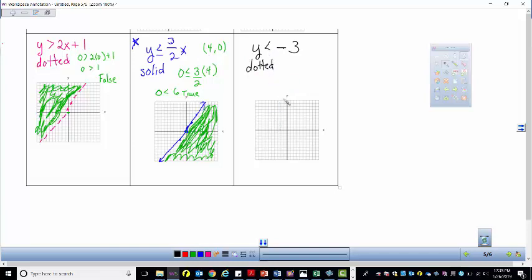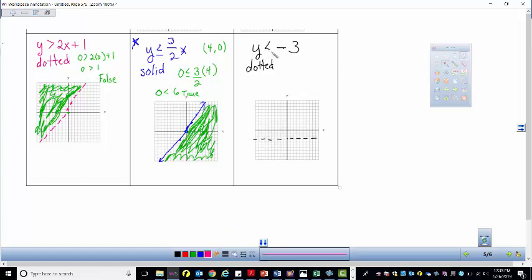And then our second step is to graph. Well, this is just a horizontal line. So I go to negative 3, 1, 2, 3, and I put a broken horizontal line or dotted like that. And then I need a test point.